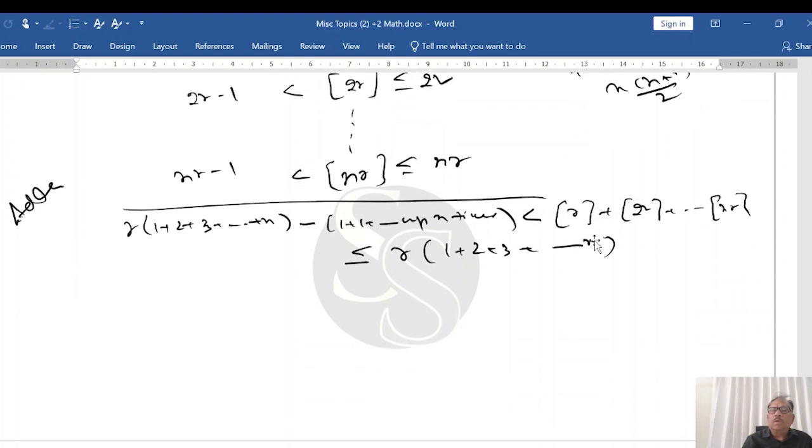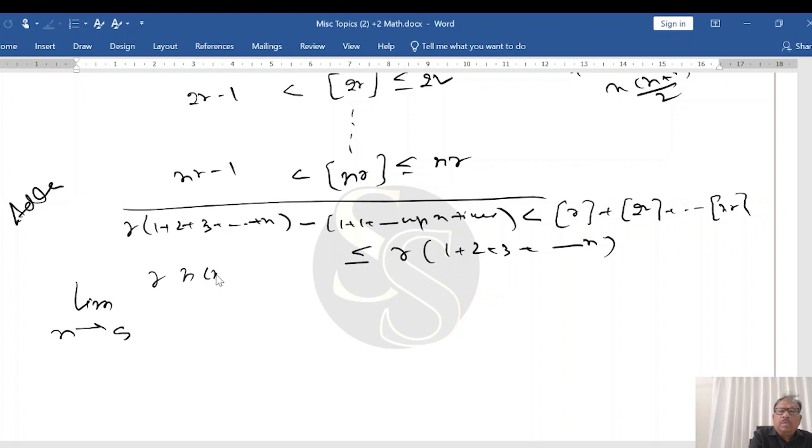Right? Now, in this case, we can write limit n tends to infinity of r into n plus 1 minus n upon n square. Right?